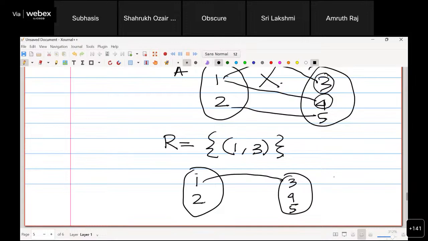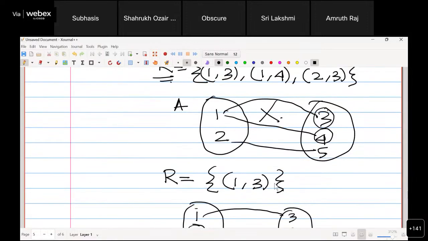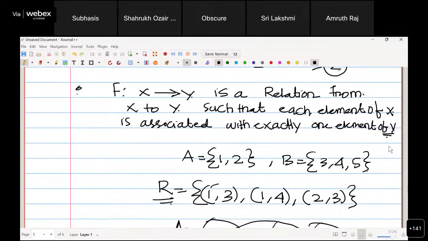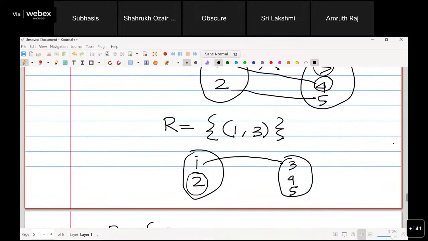What about 2? 2 is left over. It's not a function, because 2 is not associated with any element, but it's saying that every element of x should be associated with exactly one element. So that's why this is not a function. This is a relation, but this is not a function.